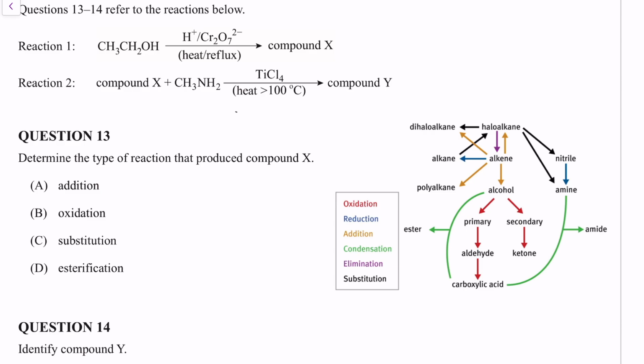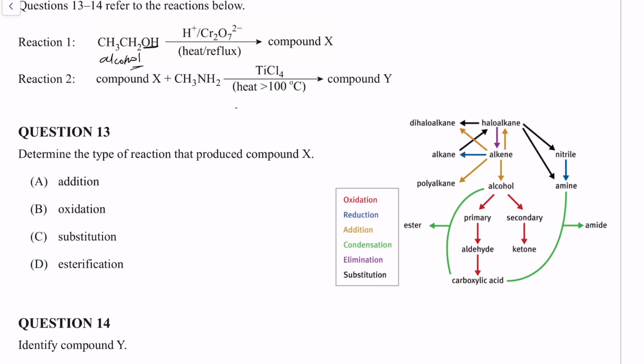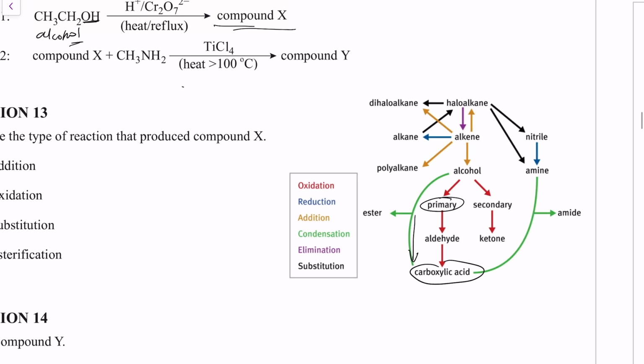If we have an alcohol, recognizing this OH group, and we add heat and reflux with H plus and dichromate ions, then we get, from a primary alcohol, which is what CH3CH2OH is, all the way to a carboxylic acid.